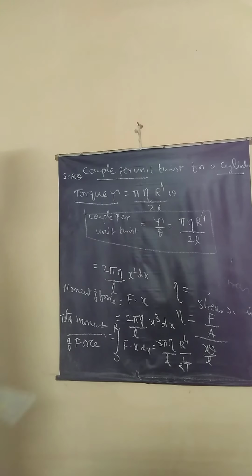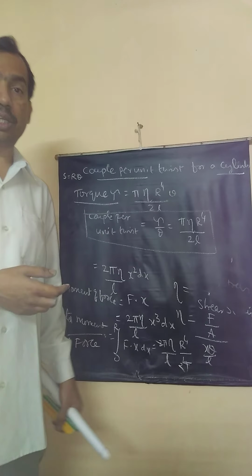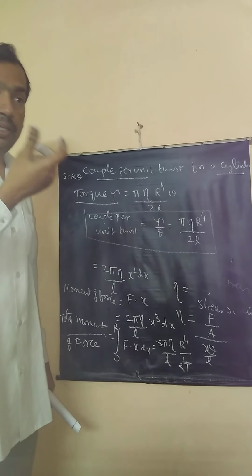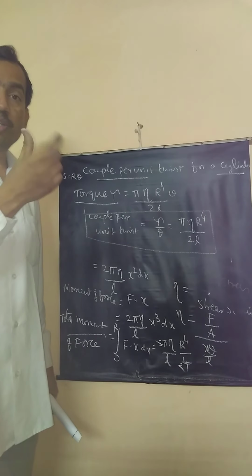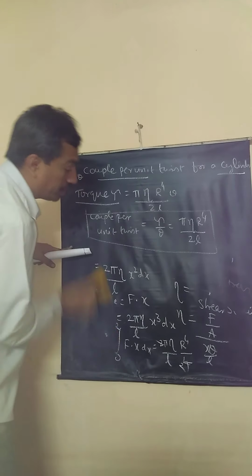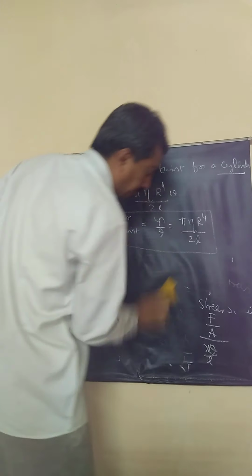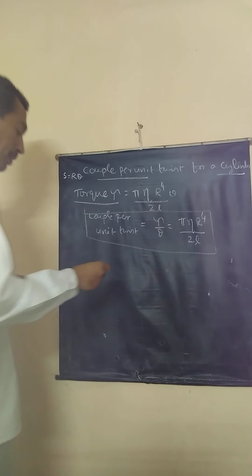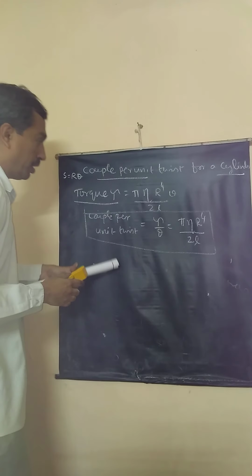Now we extend this to torsional pendulum. You have done the rigidity modulus determination in the torsional pendulum experiment. You are making a rigid body perform torsional oscillation. Now you can relate this expression with that experiment. We will apply this for a torsional pendulum, right?